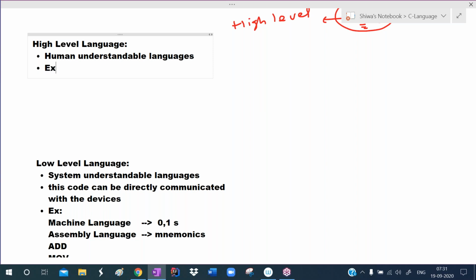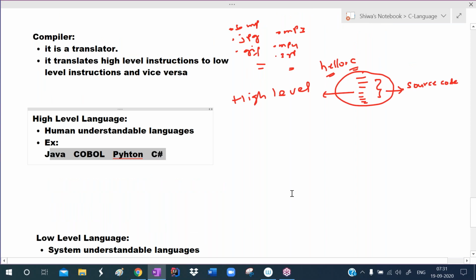What are the examples for high level languages? Java language is a high level programming language. COBOL is a high level programming language. Python is a high level programming language. C sharp language. All these are the high level languages.